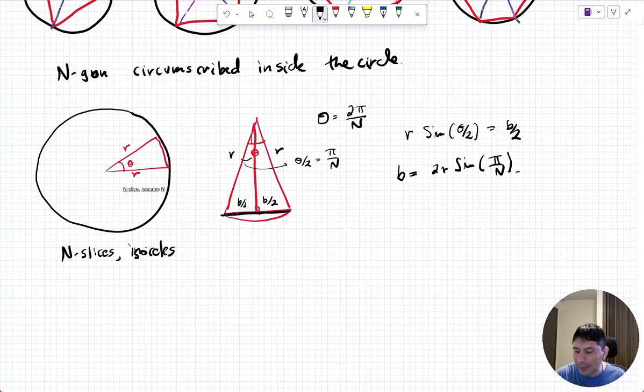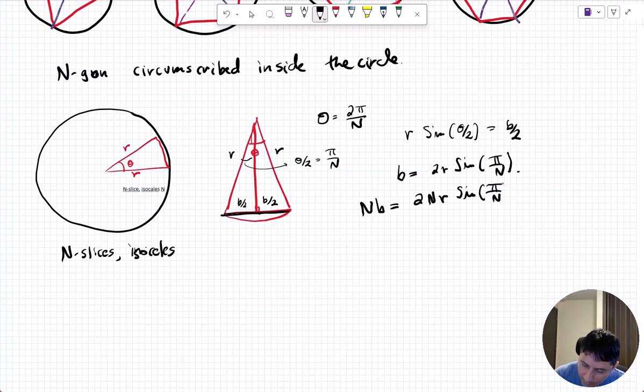So if I multiply capital N times b, I get 2 N r times sine of pi over n.